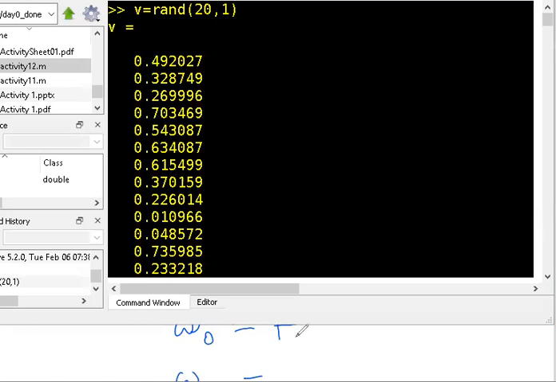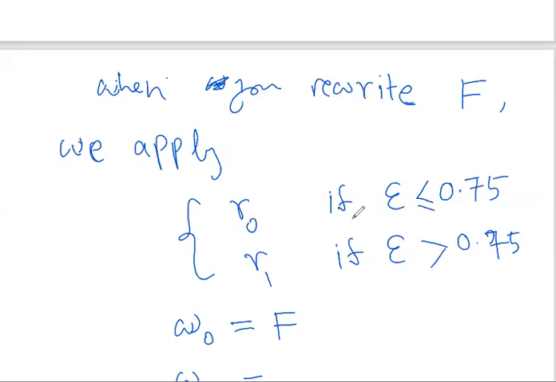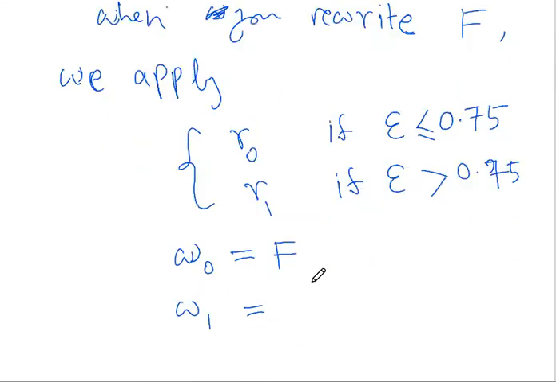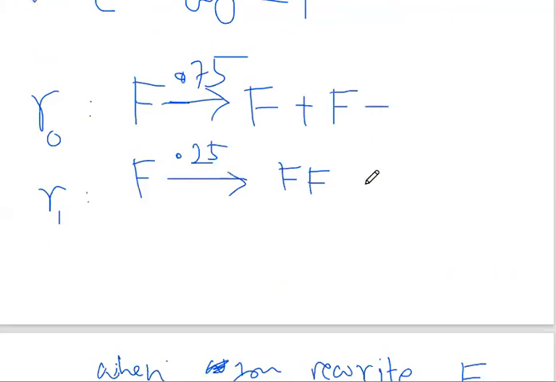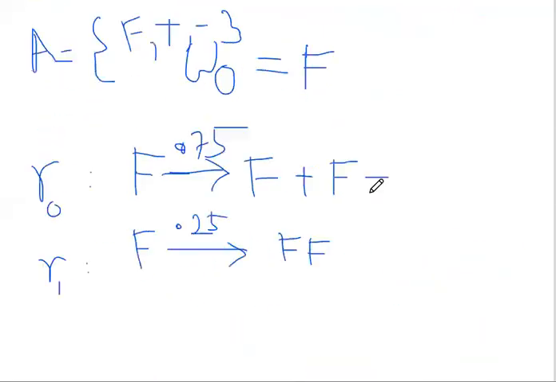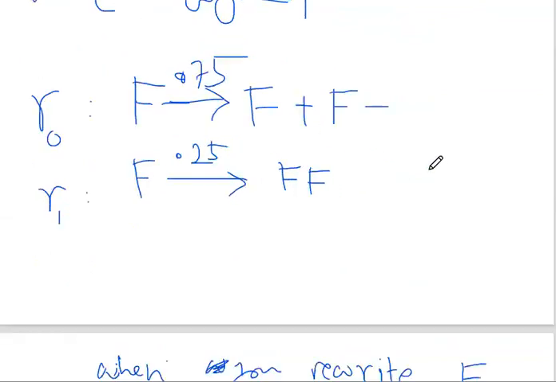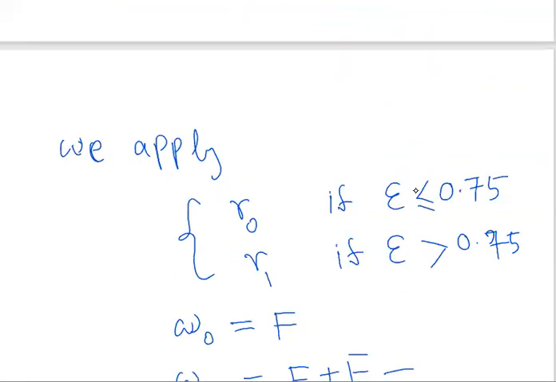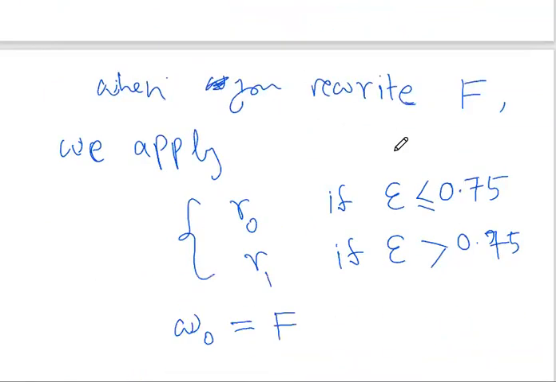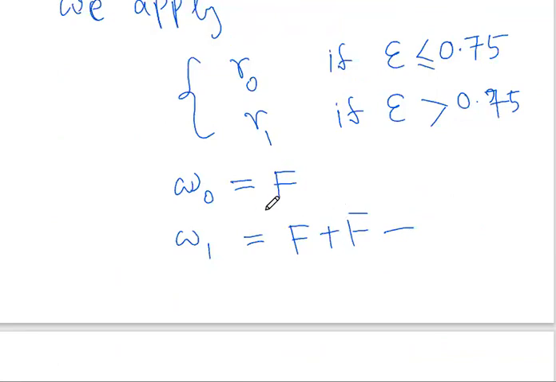That means I have to use R0. So F is replaced with F plus F minus F minus. This is your first rewrite.